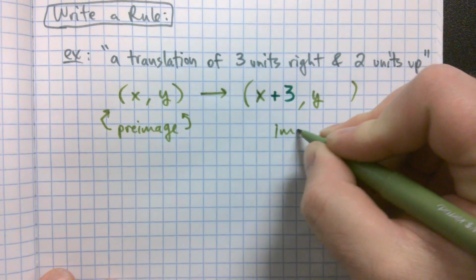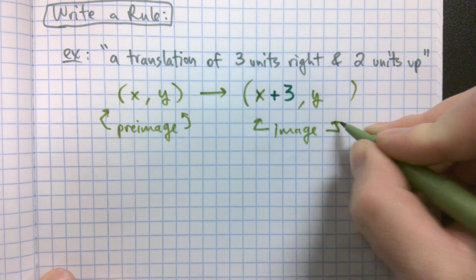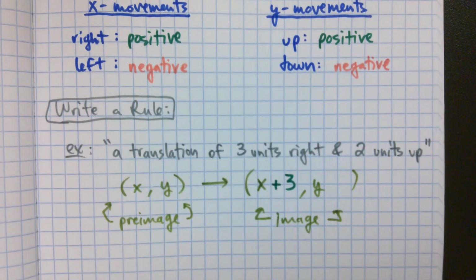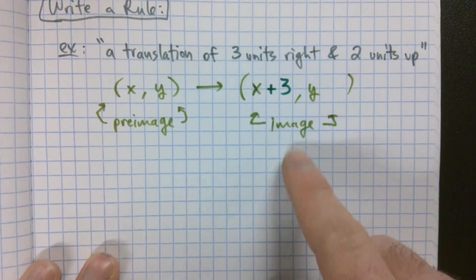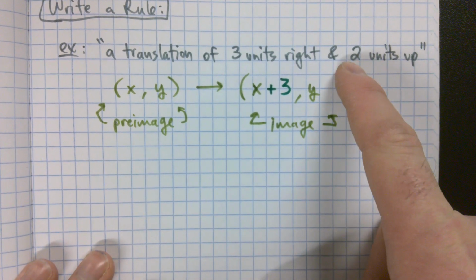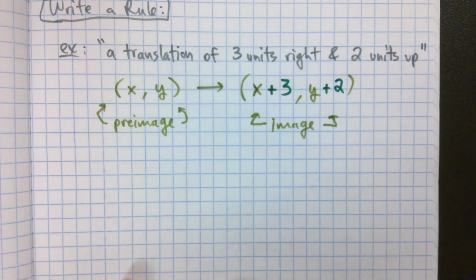This is our image here. Now, if we're going 2 units up, what type of movement did we say up was? Positive again. So we're increasing our y-coordinate by 2 units. That'll be y plus 2.